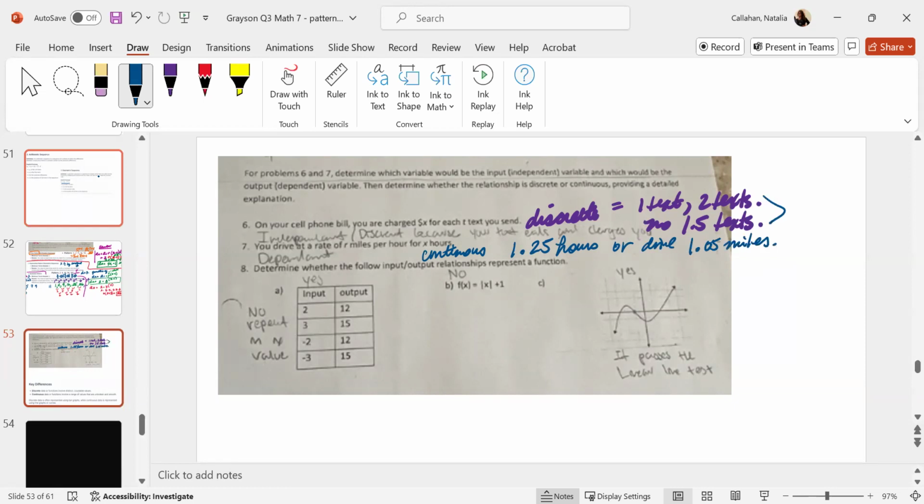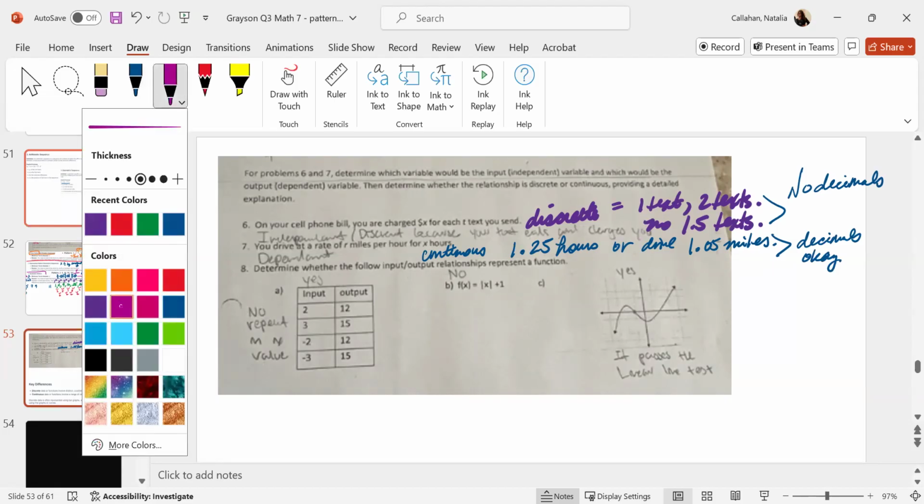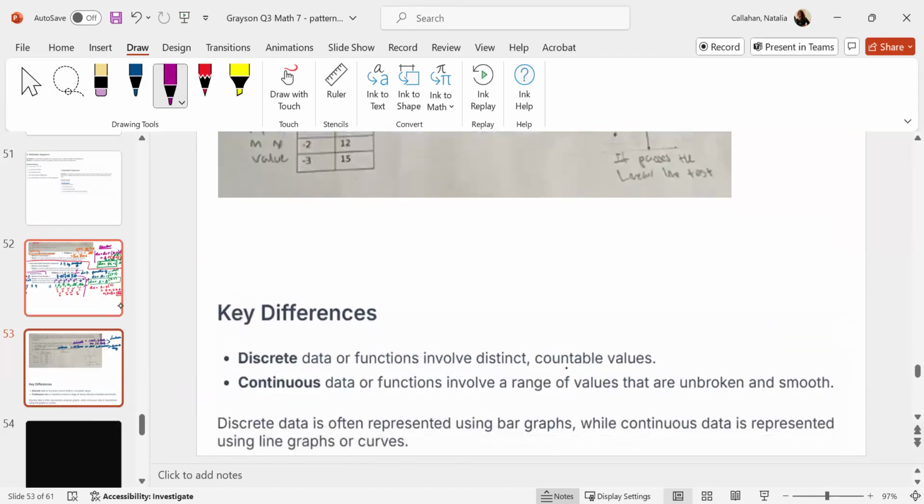So if discrete, no decimals, right? Continuous, decimals are okay, right? Examples, okay? If it's discrete, number of boys and girls, you cannot have 1.5 girls. Does that make sense?